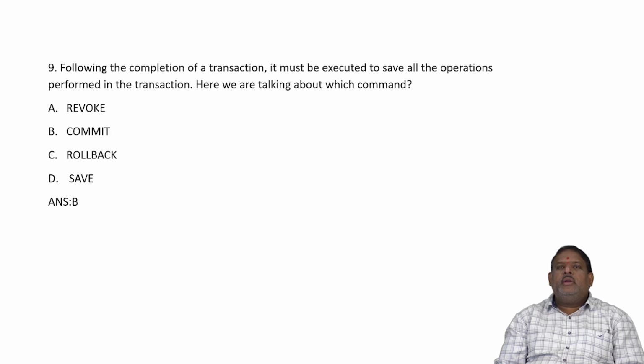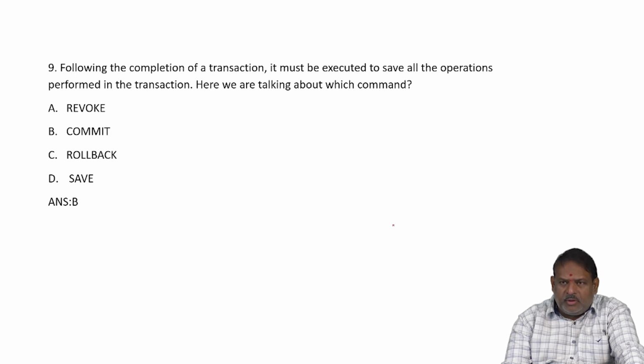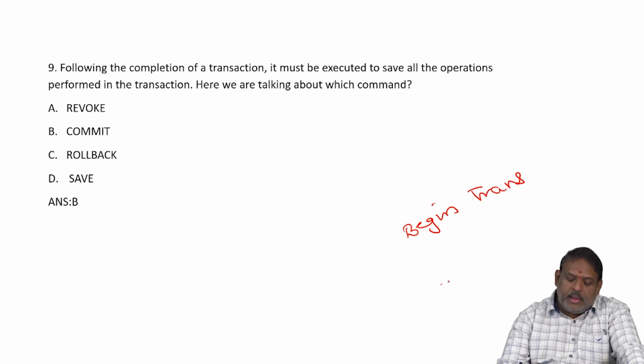Which of the following is used after the completion of a transaction? A transaction means a sequence of steps used to perform an operation. A transaction has a begin transaction and an end transaction.